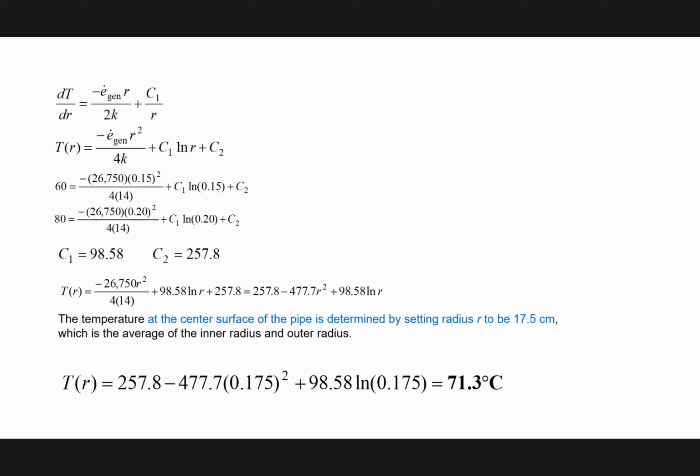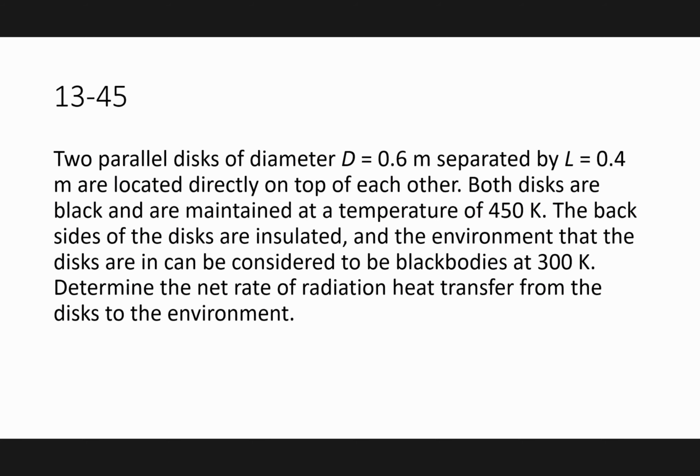Okay, if not, let's move to the next one. Two parallel discs of diameter 0.6 meter, separated by 0.4 meter, on top of each other. I made a mistake with the number, because you know this is from chapter 13.